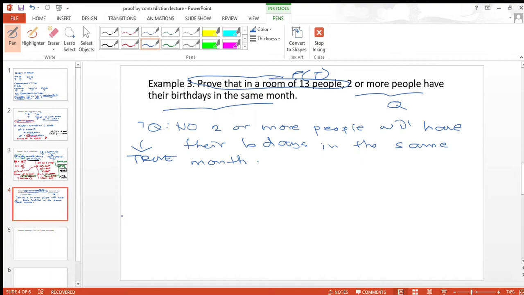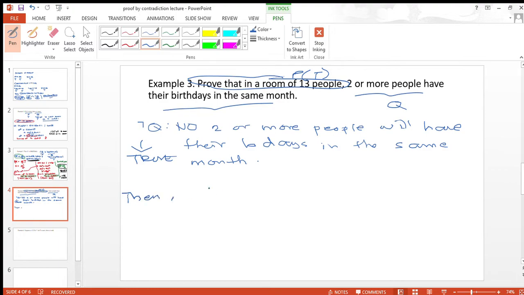And where can we find the contradiction? So let's analyze again. There are 13 people in the room. That is assumed to be true. Then the second assumption is that no 2 or more people will have their birthdays in the same month. So logically, if no 2 or more people will have their birthdays in the same month and there are 13 people, then what can we say?